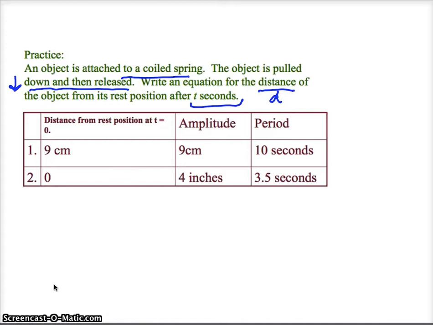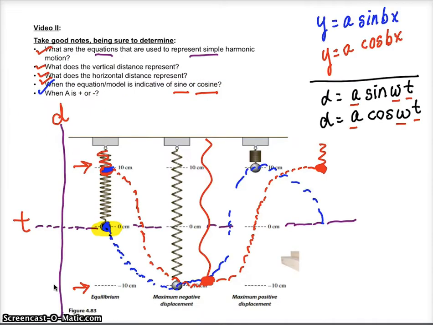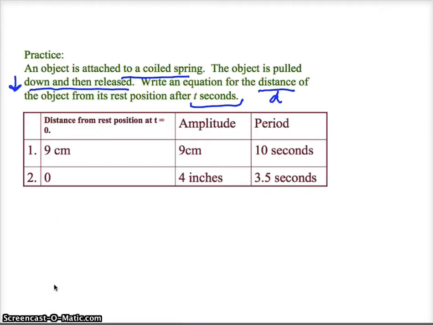And I should note, let's go back and look at one thing. The origin time would represent 0 seconds. All right, let's look at example 1.